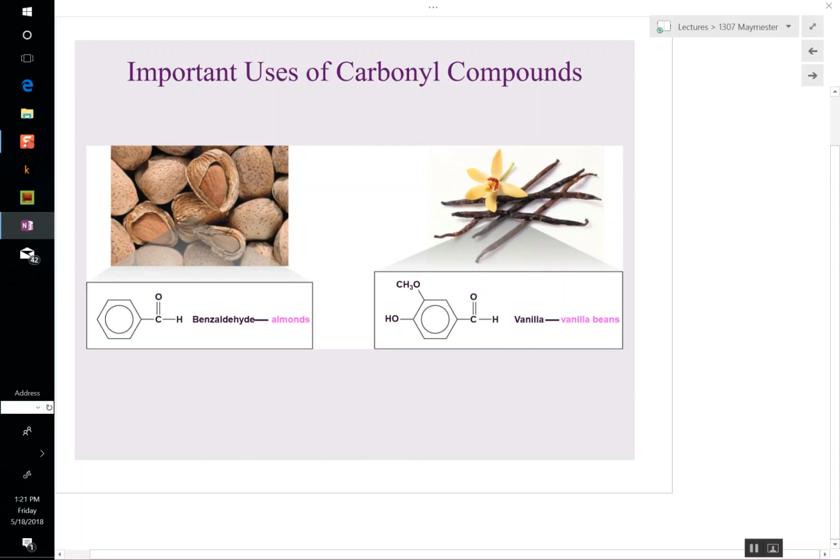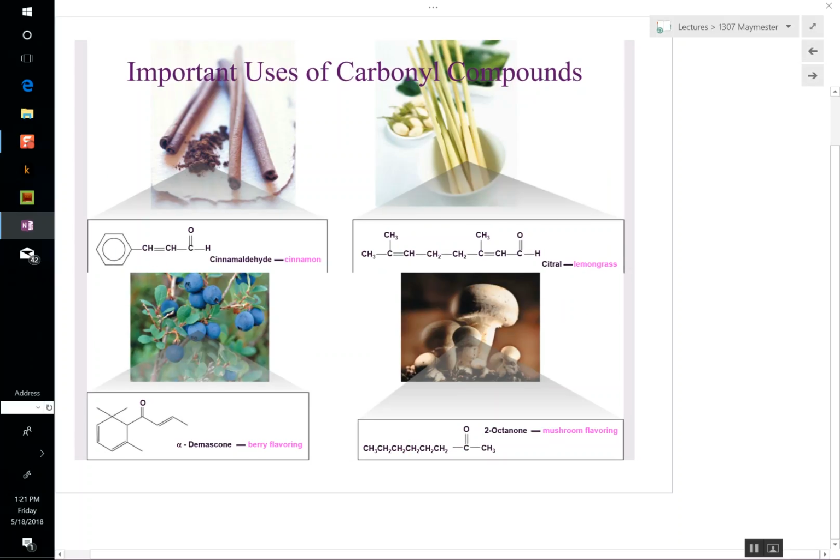Benzaldehyde. Almonds are believed to be somewhat nutritious and have some health benefits, and some of it is attributed to that molecule, benzaldehyde. There's the vanilla again. Cinnamon aldehyde. That's the aldehyde that's in cinnamon.